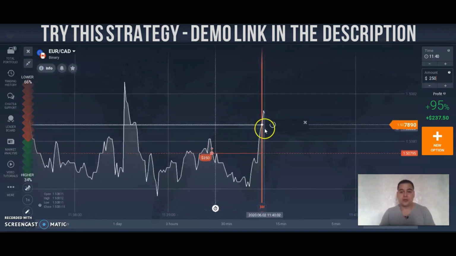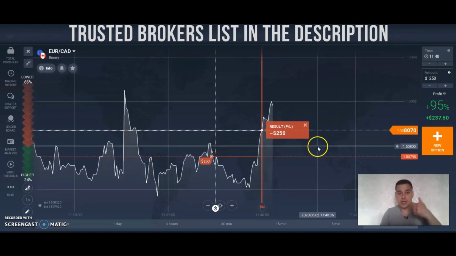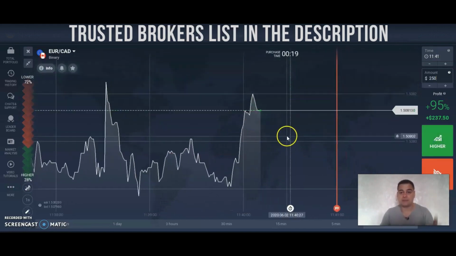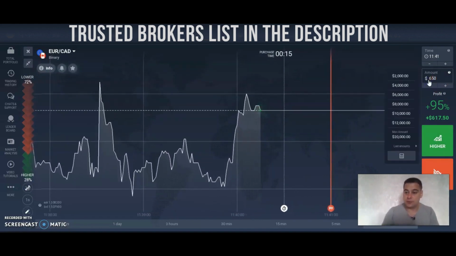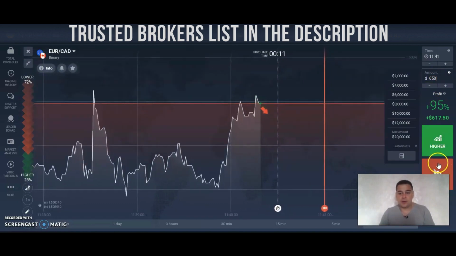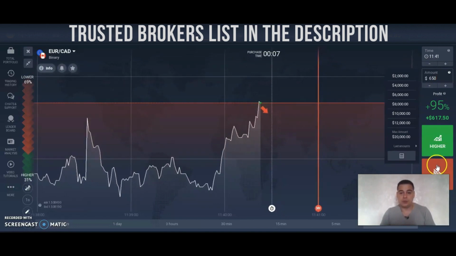All right, the second bet, as you can see, minus 250. That means $100 and 150, $350 I've spent already. So I need to make, for example, 650, a 2.5 times bigger bet than it was.